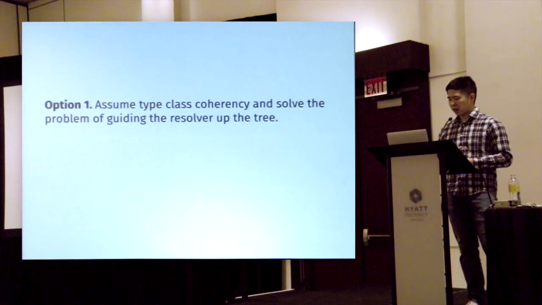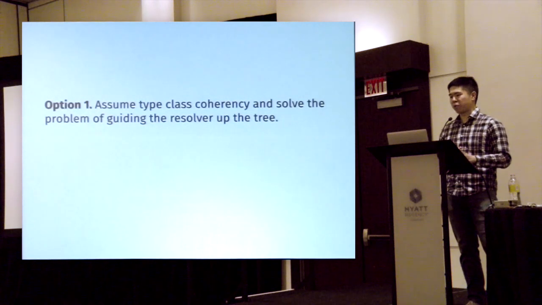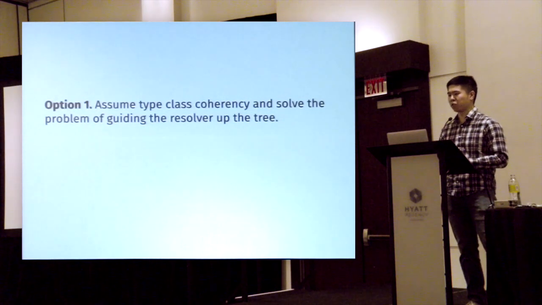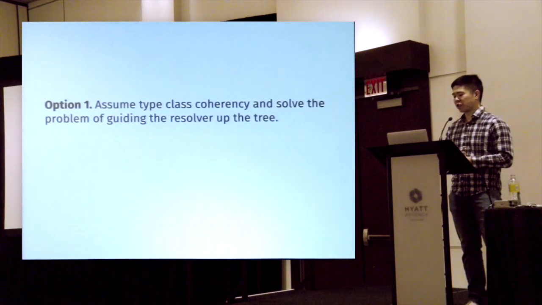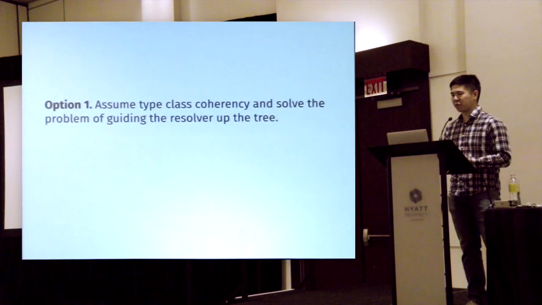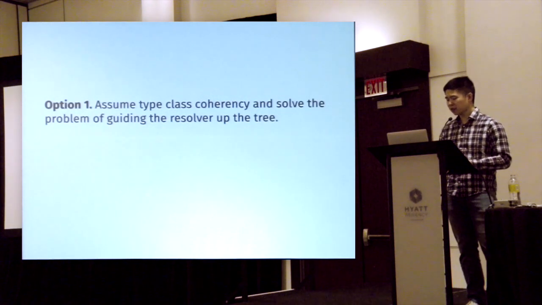So one option is to keep pretending like we have for the past 3 or 4 years, assume that we have type class coherency, and just solve the problem of making the resolver pick one instance. In the case of the traverse and monad example earlier, we just assume that the functor F through either of those is going to be semantically equivalent, and we just want to convince the implicit resolver to pick one of the paths.